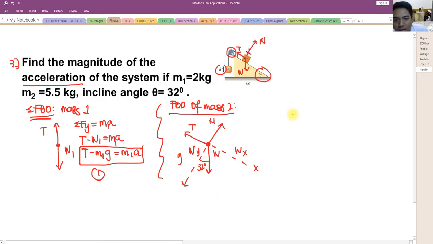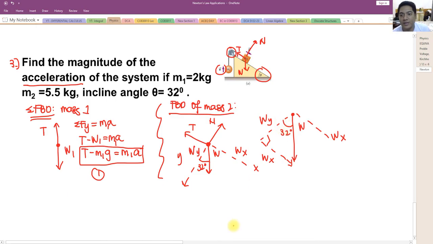Okay, so if we draw the triangle created by the weight and its components, now we have this one for the WY, and for the X would be this. So we can rewrite it here. This will be our WX. This will be the right angle, and this will be the angle 32 degrees.